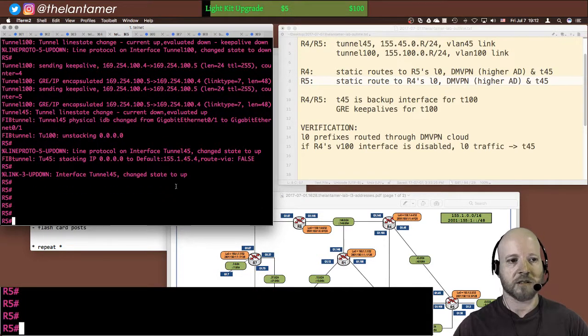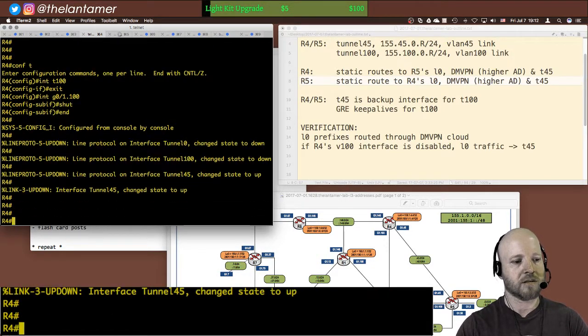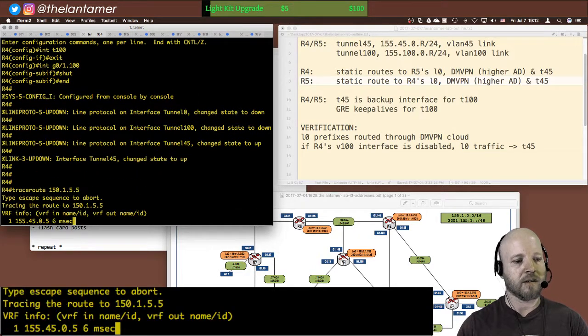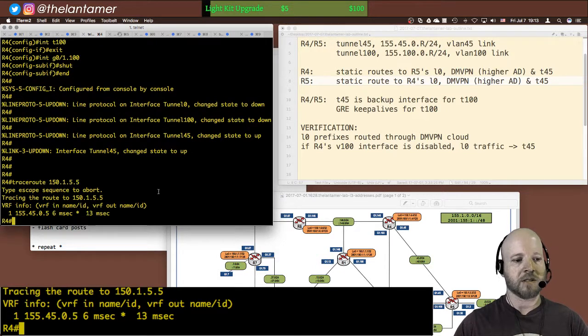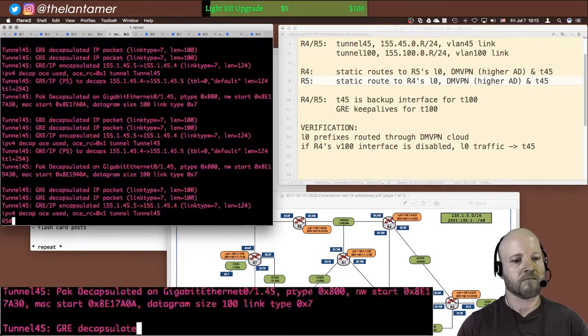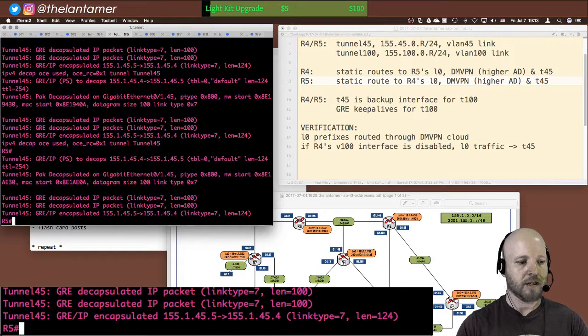Okay, so now let's check our loopbacks. 150.1.5.5. 155.45.0. Yes. Very good. Okay.